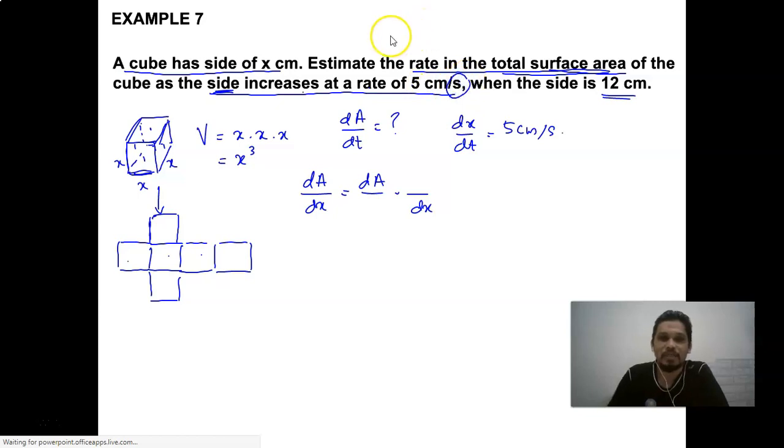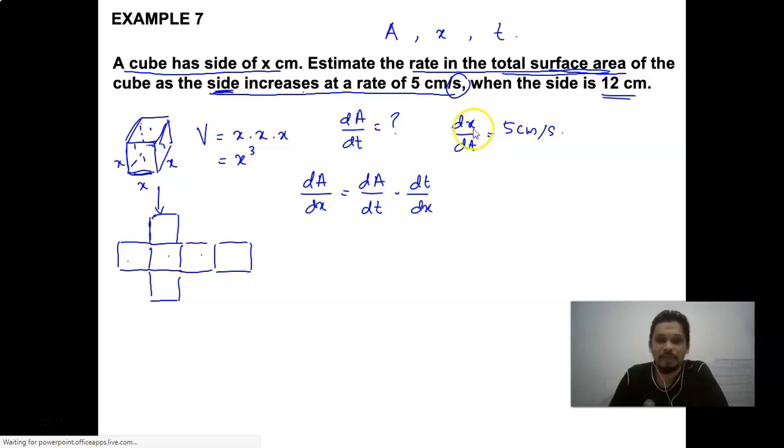Then it has to do with the time. So we are talking about the surface of the cube with the side increase of x and also time, so here we come up with dt and also dt.